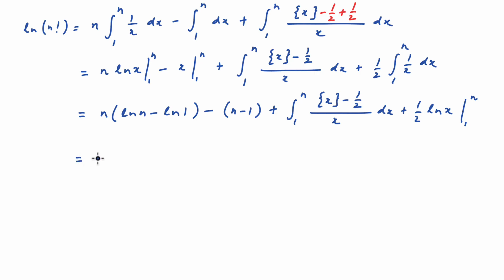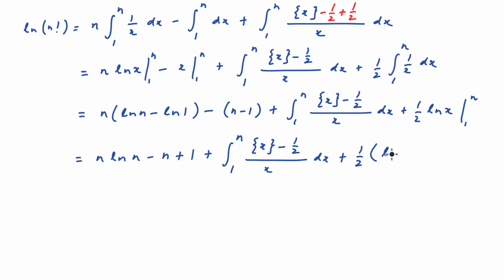This is equal to n times ln n minus n plus 1 plus integral 1 to n, the fractional part of x minus half upon x dx, plus half times, in brackets, ln n minus ln 1.